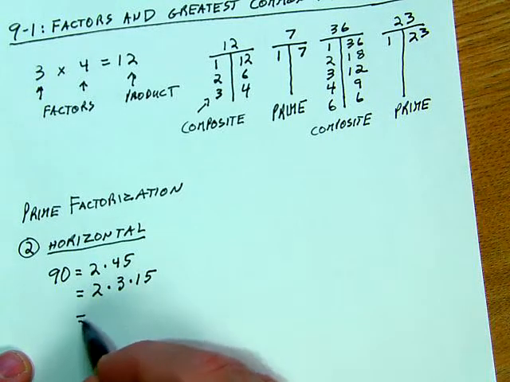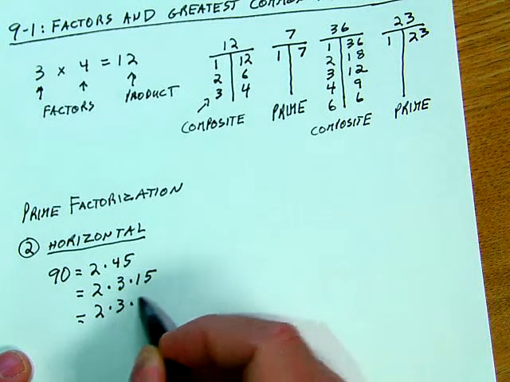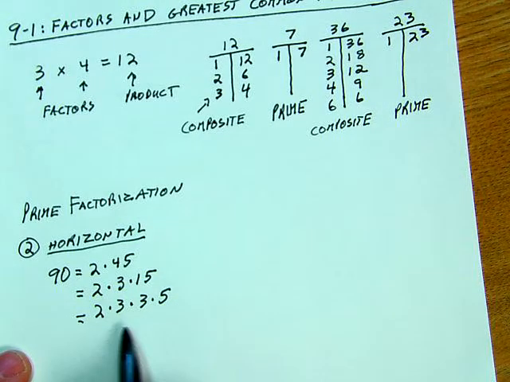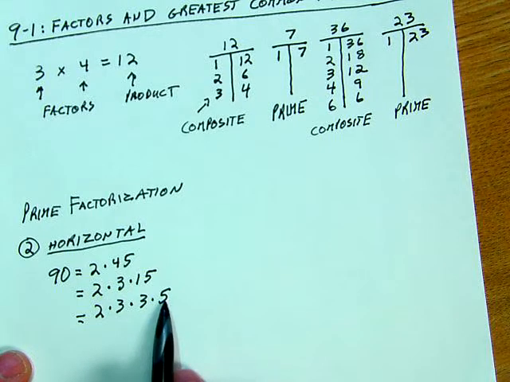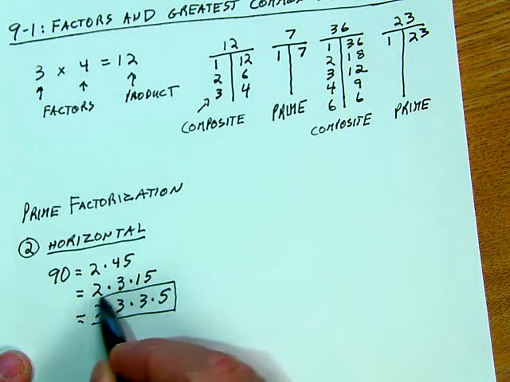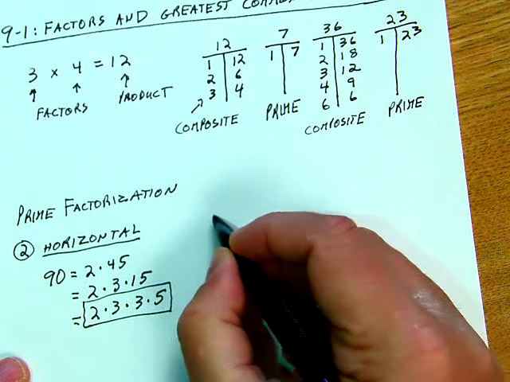So I've got to break down the 15 now. Well, 15 is 3 times 5. And I've broken it down. Now I look at all my numbers, 2 and 3 and 3 and 5. Those are all prime numbers, and that's my final answer. There is the prime factorization of that number. Now let's do it in the tree method.